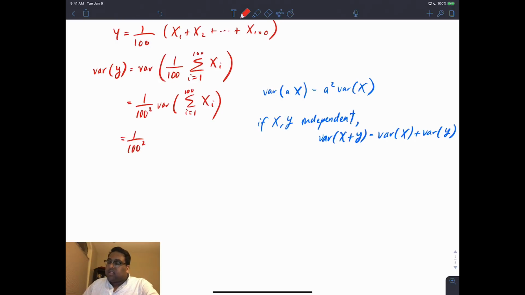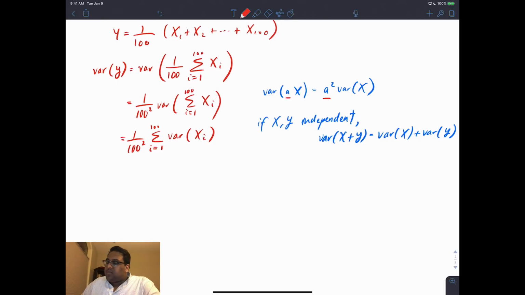Again, variance is not linear, because when I pull out the constant, I have to square it. So this property is not called the linearity of variance. You could call it the separability of variance or something like that, but we won't worry too much about the semantics. And so I can write this as the sum of the variances of xi.